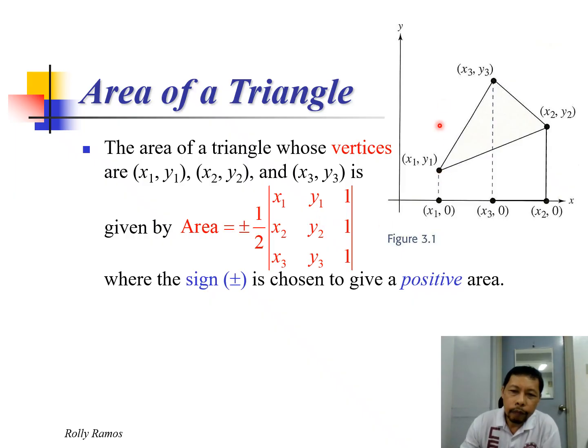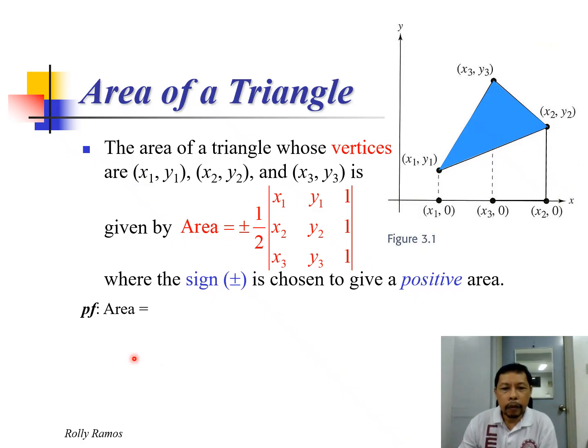But if you take the coordinates in a clockwise direction, it will give you a negative value. In that case, you could use plus or minus to have a positive area, because no area is negative. It is always positive. Now let us show that this equation is true.